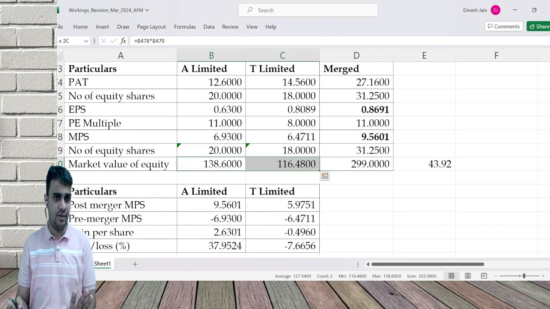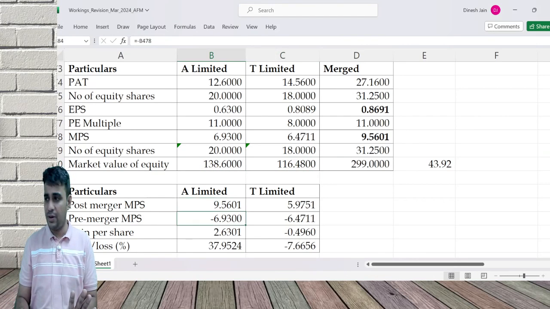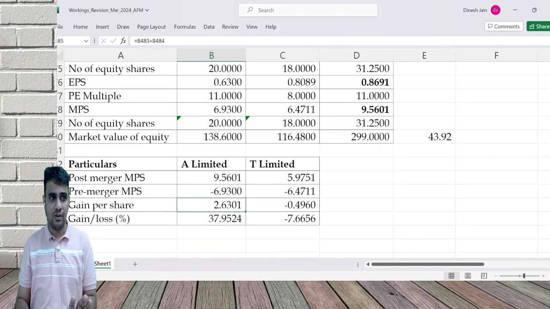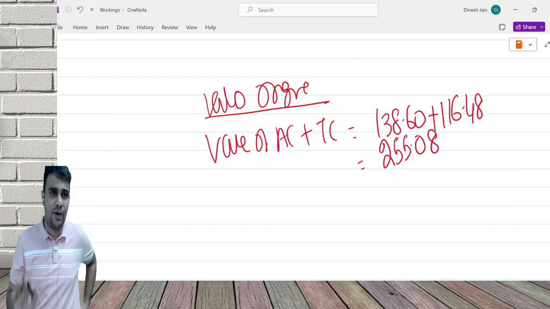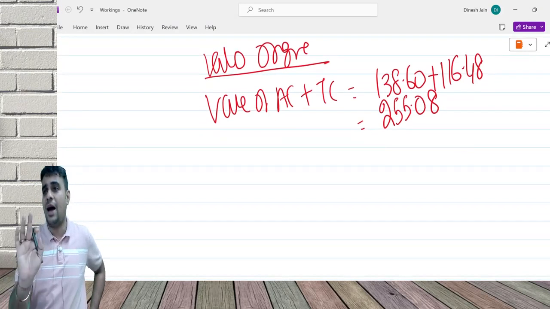Is this right? What happened? Some of you look a little confused. Okay, that's okay. Rounding off, let's not worry about it. 255.08. What is value of original shareholders?